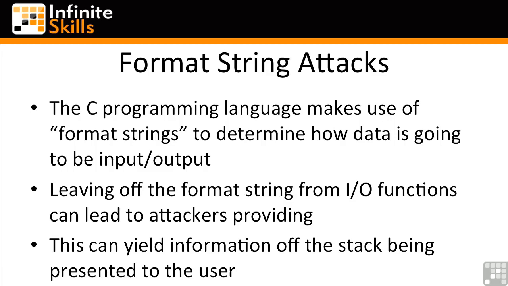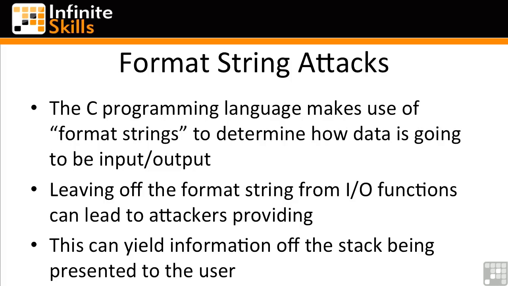If a programmer leaves off the format string and just gets lazy and provides only the variable that's going to be output, for example, you have the ability to provide that format string. If you provide the format string, what then happens is the program starts picking the next pieces of data off the stack and displaying them.